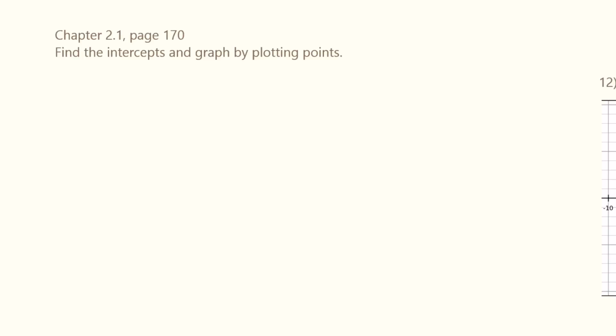So the first thing that I do is take a look at the particular problem. This one is y equals x minus 6. I try and notice things about it.